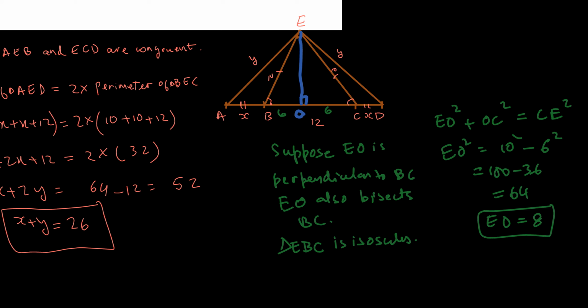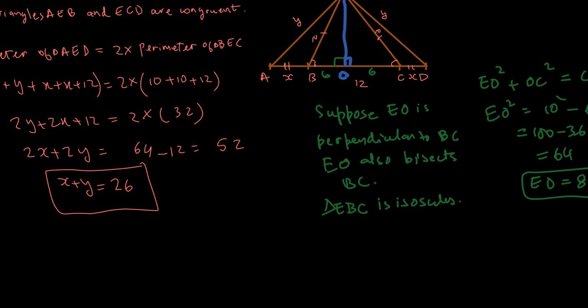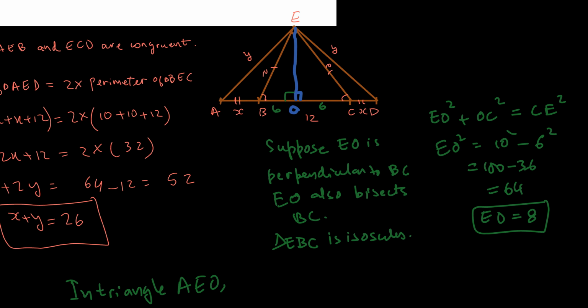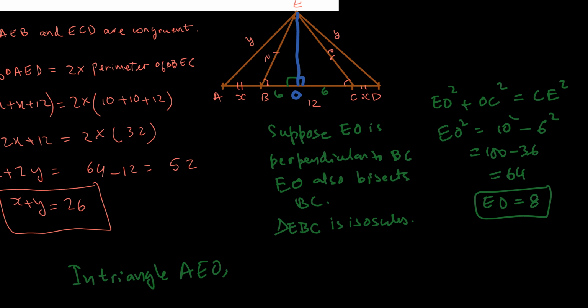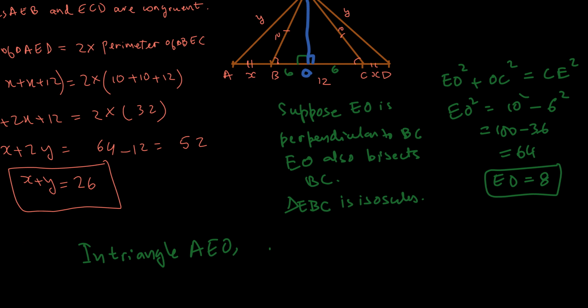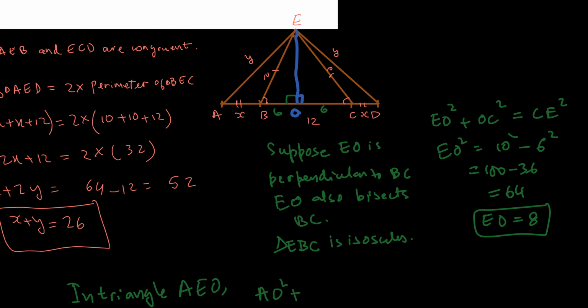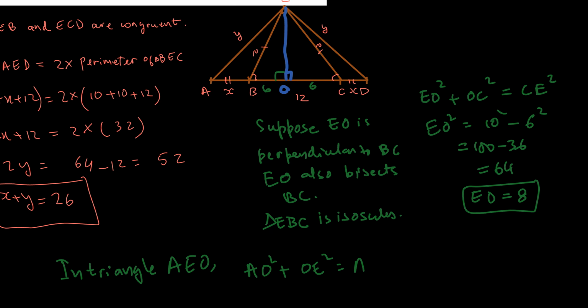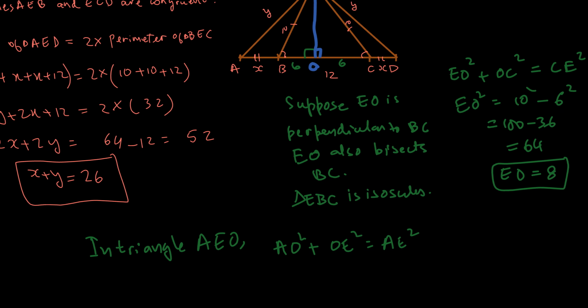So then we can apply this, and you see that AEO is right angled, isn't it? Therefore, in triangle AEO, we would get AO squared plus OE squared is equal to AE squared. So we know what AO is.